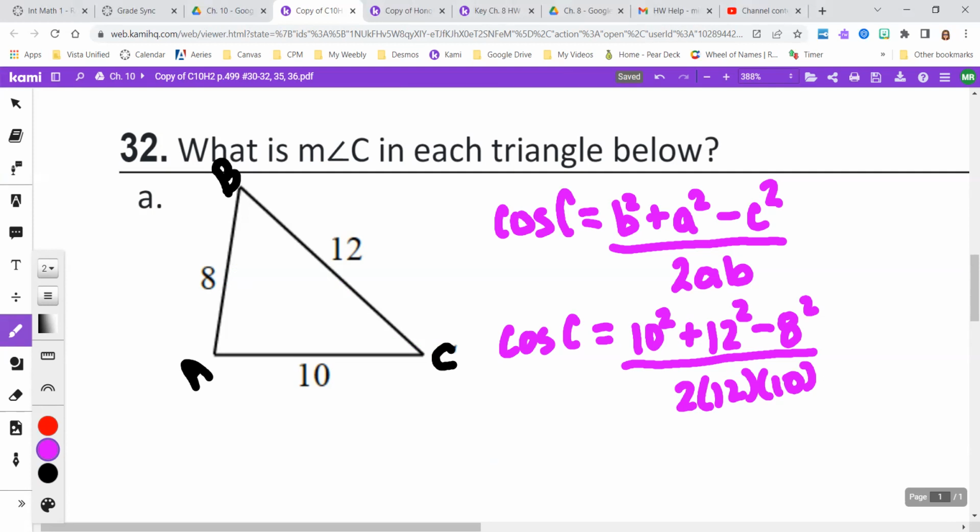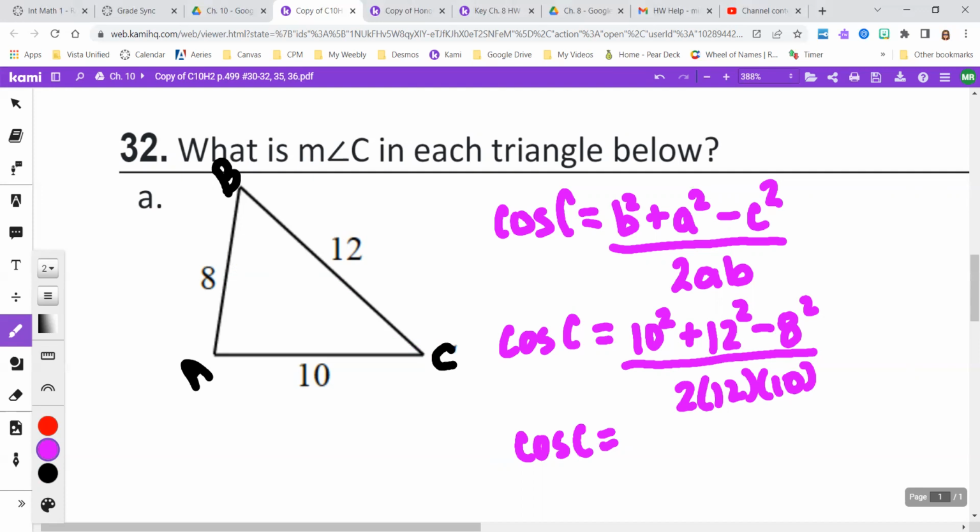Now I'm going to put this into my calculator. So 10 squared plus 12 squared minus 8 squared over 2 times 12 times 10.